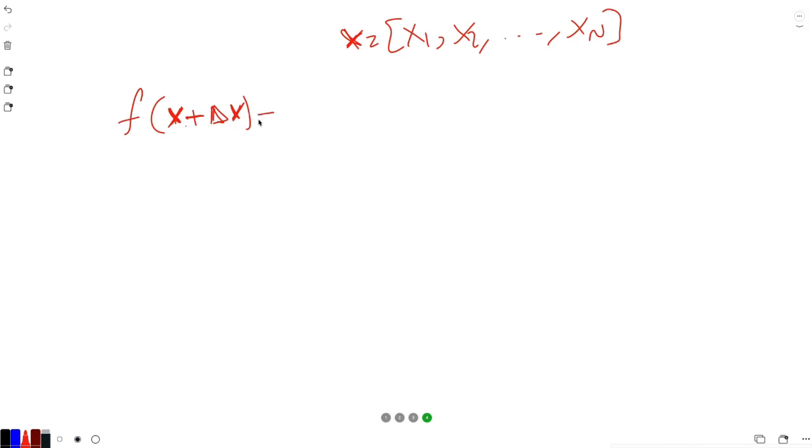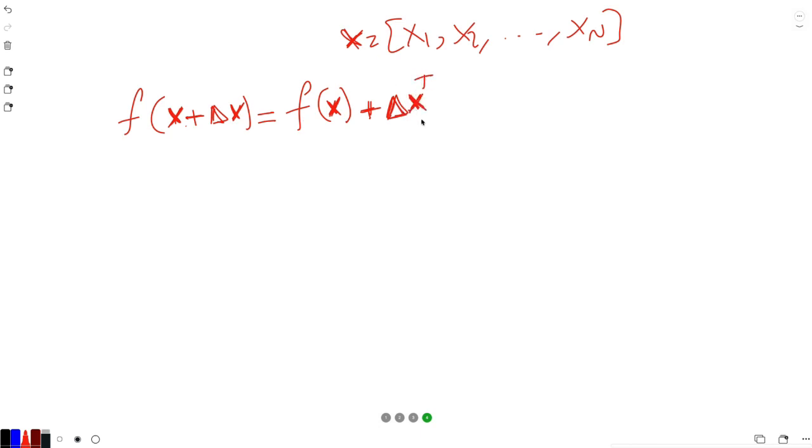This will be the same, so it will be x. Sorry again, this will be f of x, as before, plus delta x transpose.